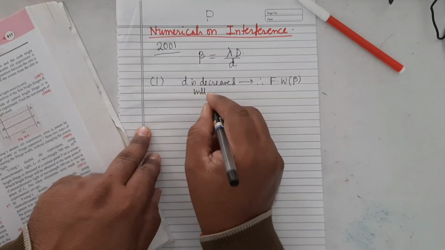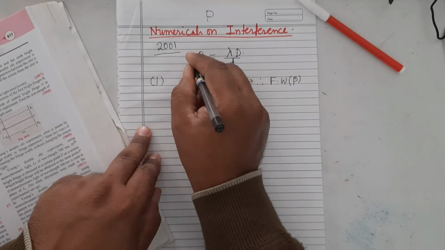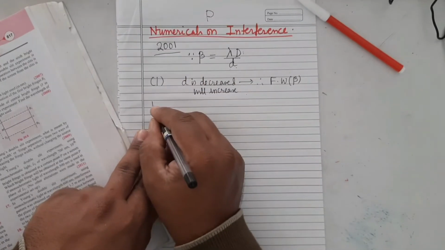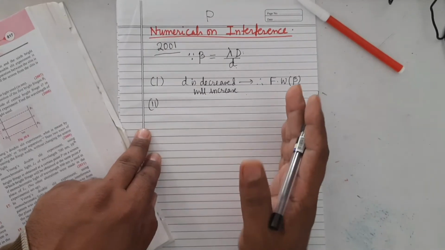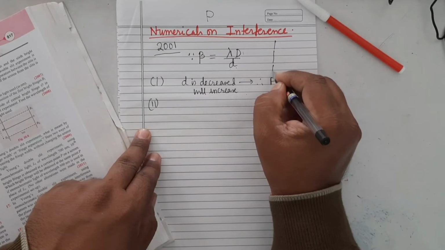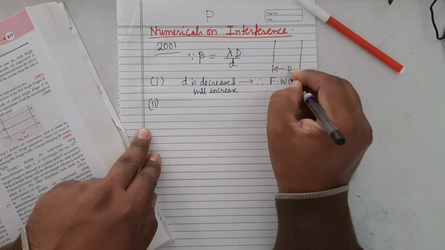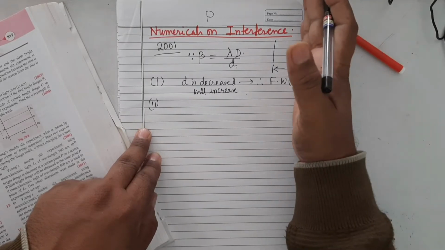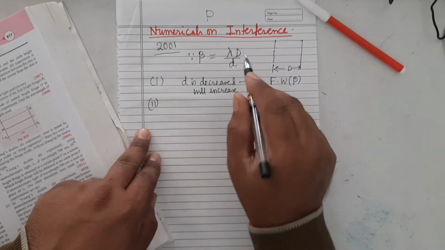It's clear? You can mention the formula for why it will increase, since beta equals this. Then the second part: the screen is moved closer to the slit. Screen is moved closer to the slit means capital D, this distance, is decreasing or increasing? When it is moved closer to the slit, capital D will decrease.